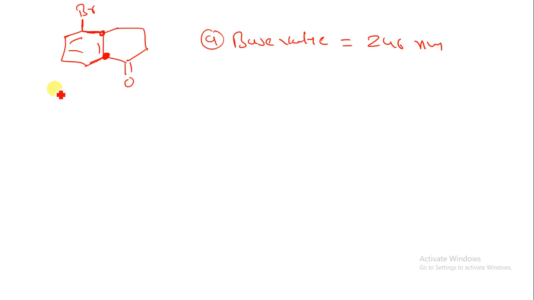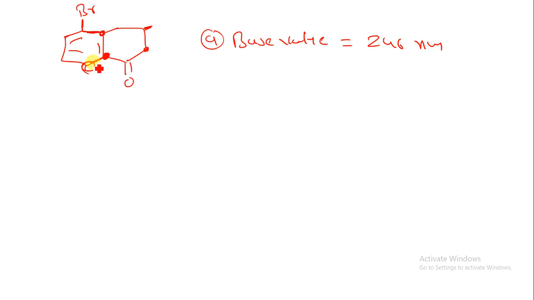So that we have to understand. This is my ortho position, this is my meta position. In meta we are having a Br group. The second thing you have to remember is that in the ortho position we are having an alkyl substituent on this carbon atom.